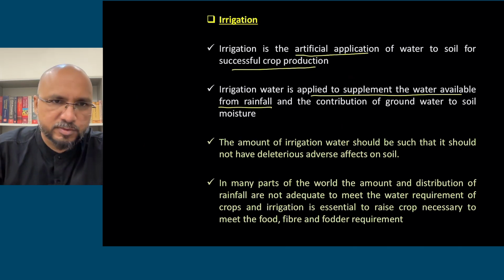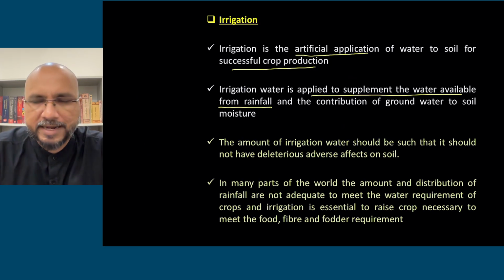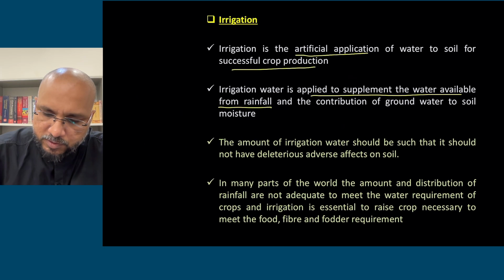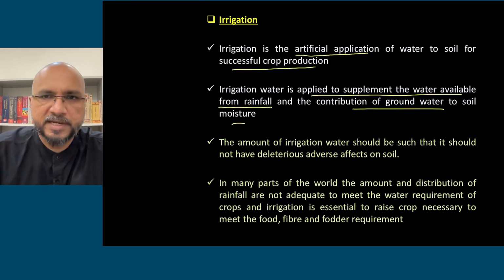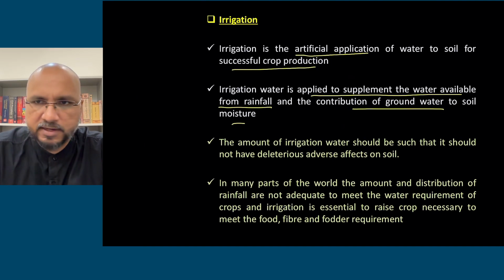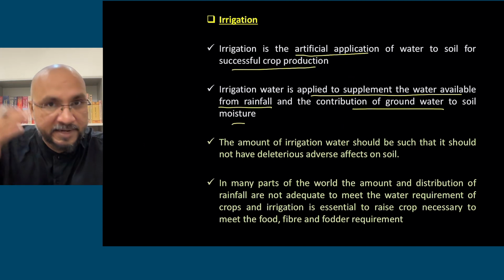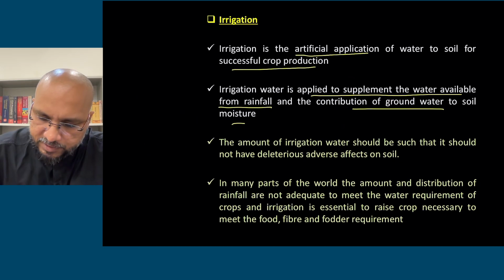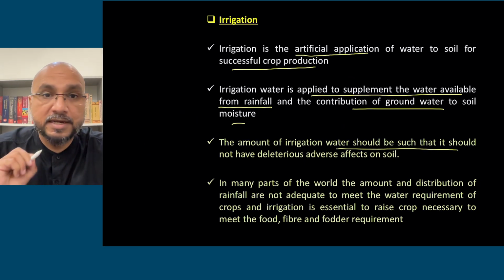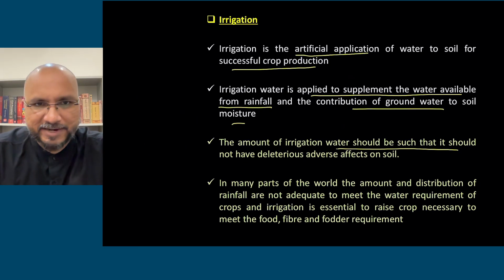Water can also be contributed through seepage when the field is near any canal, water reservoir or other water source. So mainly water is applied through rain. When it is not sufficient, the additional water that we supply is called irrigation. The amount of irrigation water should be such that it does not have any adverse effects on crop growth.